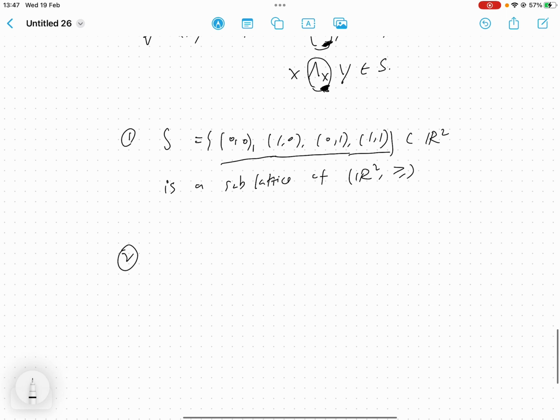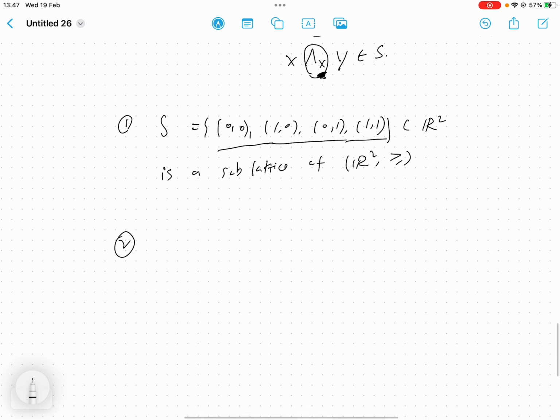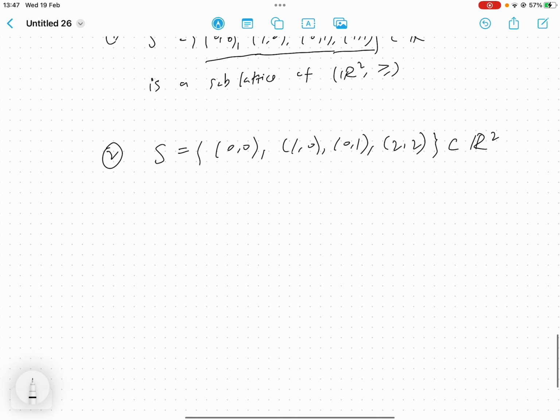And for another example, a counterexample that is not a sublattice, let's say this S is changed to 0, 0, 1, 0, 0, 1, but 2, 2. Again in R2, this is not gonna be a sublattice of R2 with greater-than-or-equal.